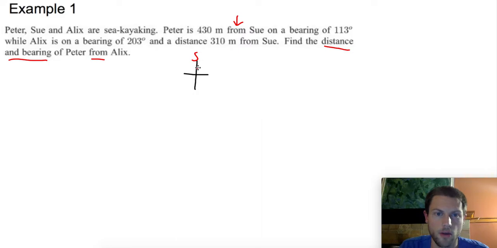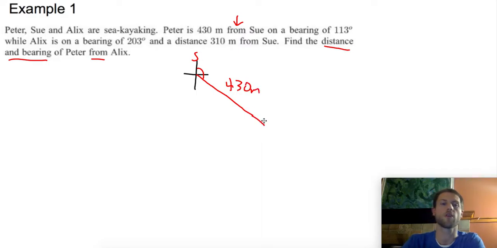It's going to be somewhere about here. And this distance is 430 meters. So this is how far away Peter is from Sue. And so this is going to be Peter right here at this point on this segment. So, okay, that's one bearing and one distance, 430 meters, and I'll even label this as 113 degrees.